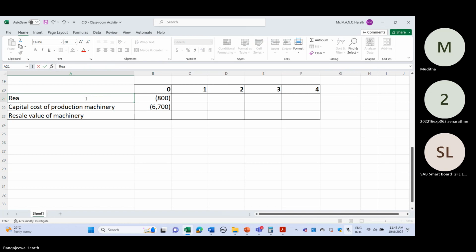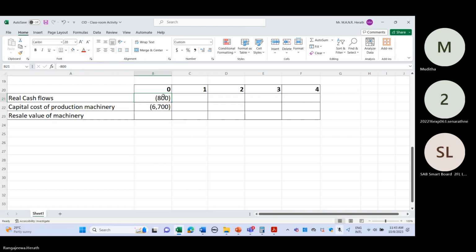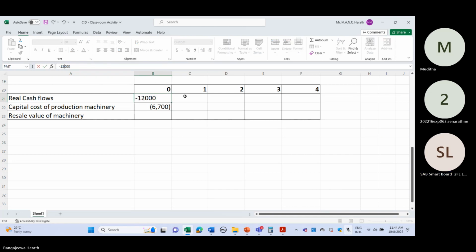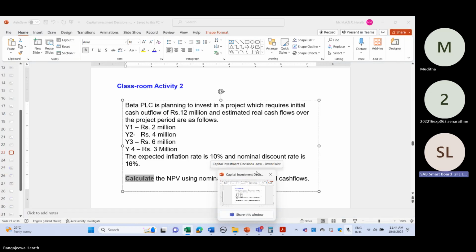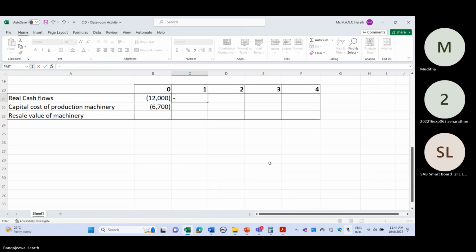So real cash flows given, each year 10,000, 12,000 outflow. Then inflows are given, 2,463. Then nominal cash flow.